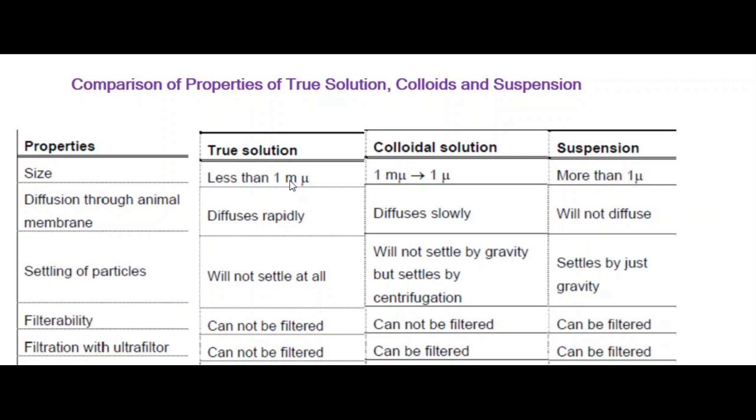When I say millimicron, milli means 10 power minus 3 and micron is 10 power minus 6, so it is 10 power minus 9. So 10 power minus 9 means it is less than the nanometer. Whereas in the case of colloidal solution, it ranges from nanometer to micron.